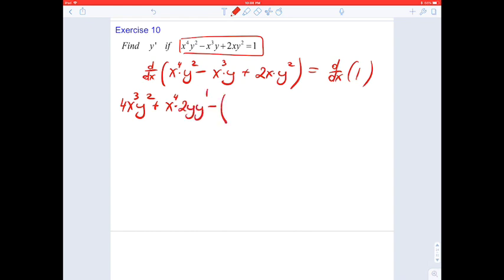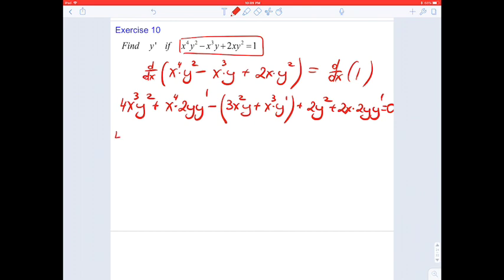Okay, done. Negative, then I have to open parentheses. Derivative of x cubed, 3x squared times y plus x cubed times derivative of y. Derivative of 2x, 2y squared plus 2x times derivative of y squared, 2y, y prime, and 0 on the right hand side.